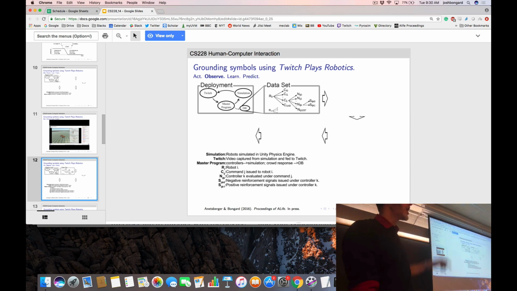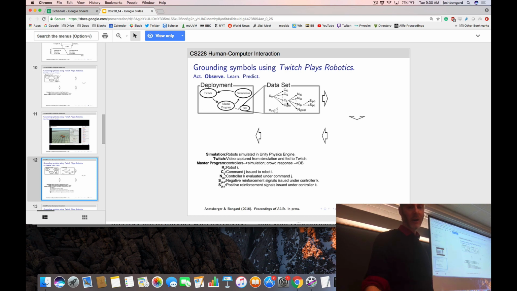So for every R, there is a set of strings, which are the commands that were issued to that robot. For each one of those commands, it's a little hard to see here, this is C_ij. It means the jth command that was issued to the ith robot. That command was issued to the robot for however long it was issued.